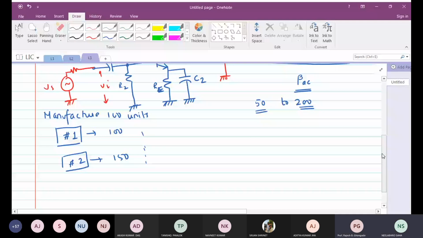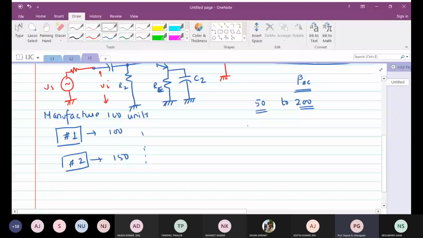Sir, because it will be difficult to calculate the desired output. Say, for example, if you are designing such an amplifier for a public address system or music system, each unit that you design will have different volume outputs, which will be totally wrong.